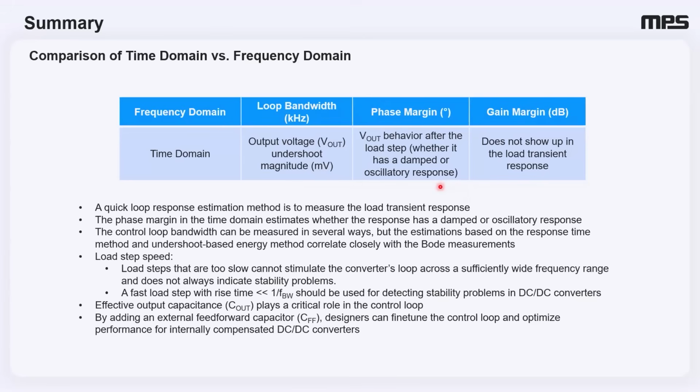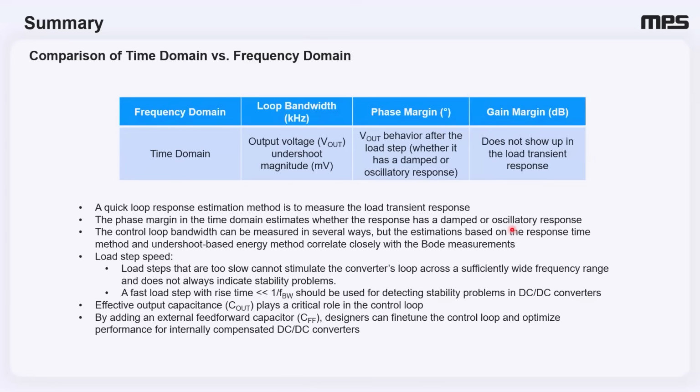A quick and practical method for loop response estimation is to measure the load transient directly in time domain. The phase margin in time domain can be estimated by observing whether the response is damped or oscillatory. Less ringing indicates higher phase margin and better stability.